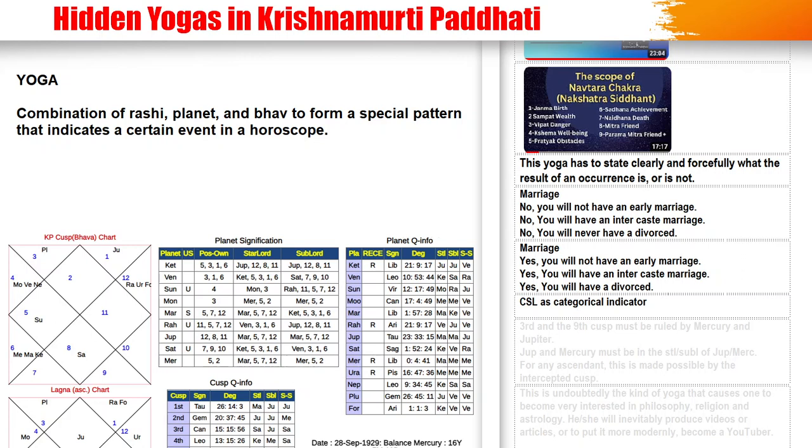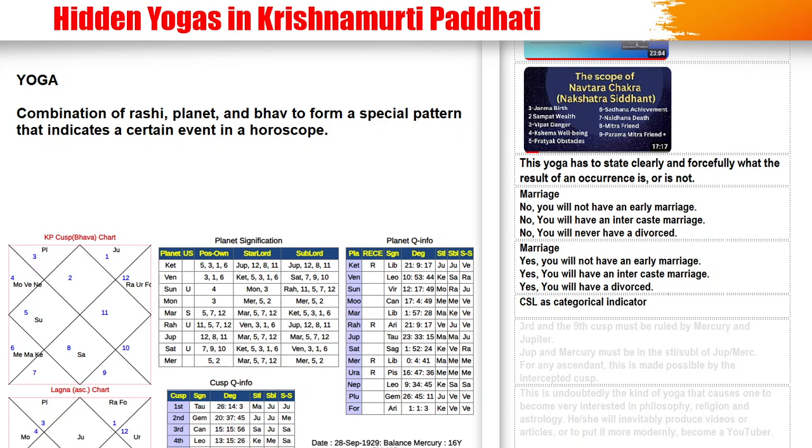For example, the Cuspal Sub Lord of the 12th, Rahu. Now, in the horary, if somebody has this question whether he or she will go abroad and may settle down abroad, and if the Cuspal Sub Lord of the 12th cusp is Rahu, then in the horary the answer is yes.